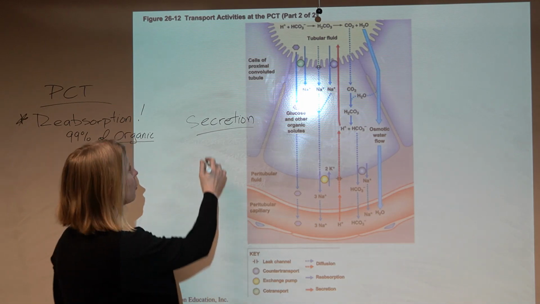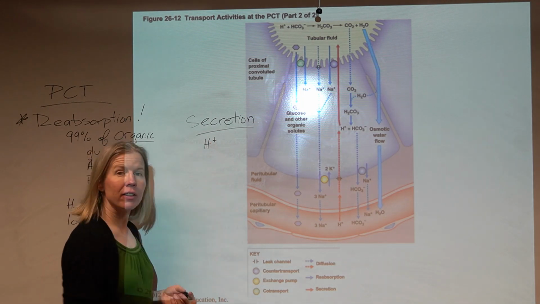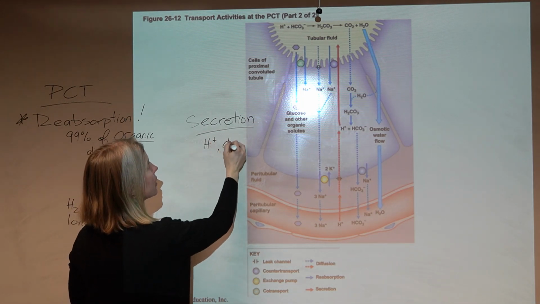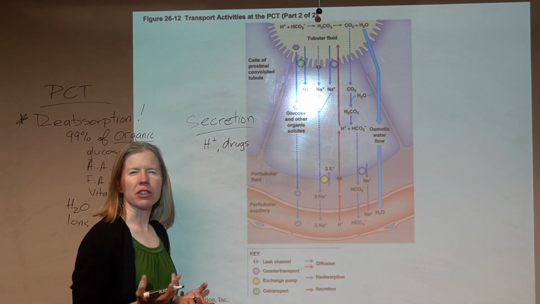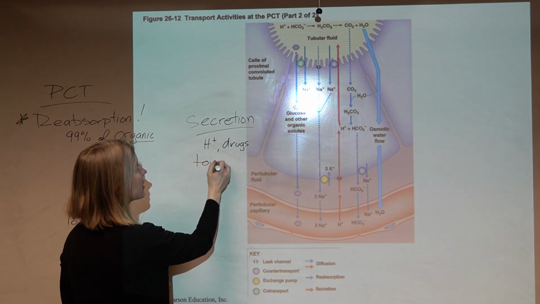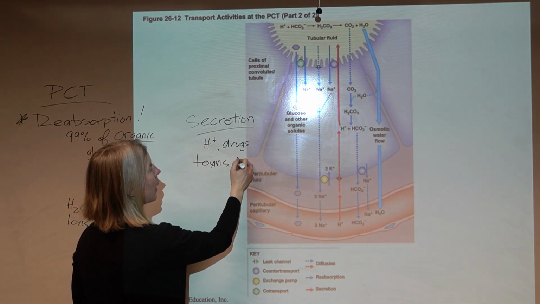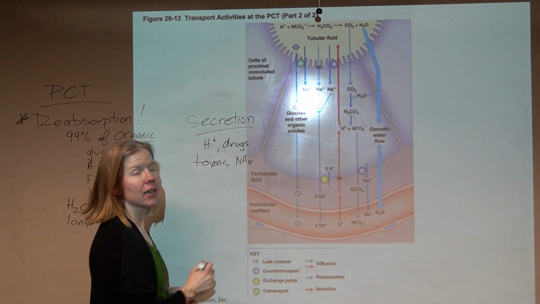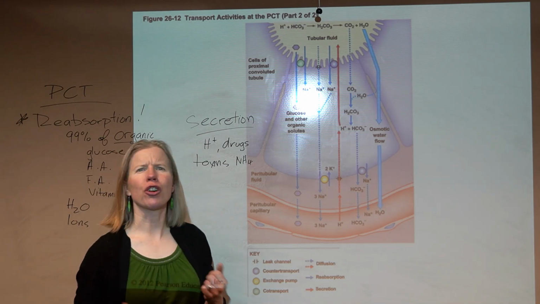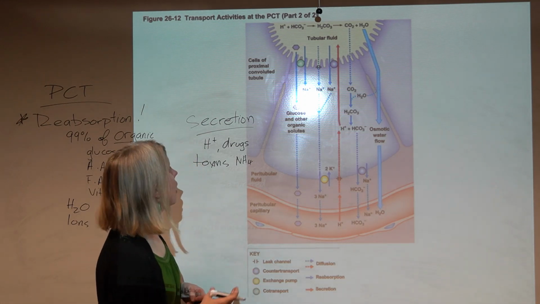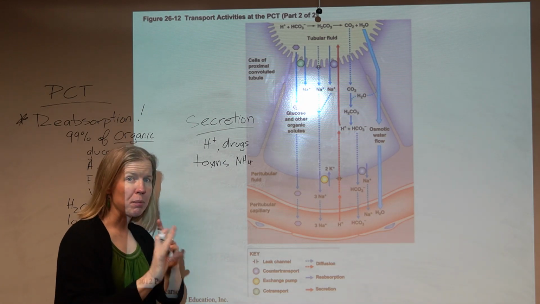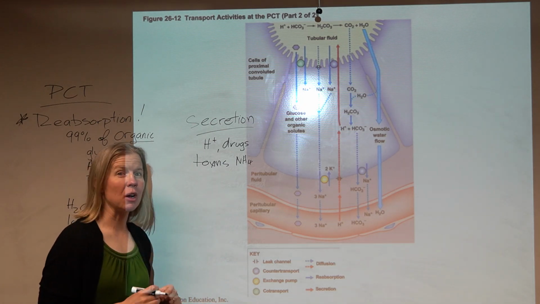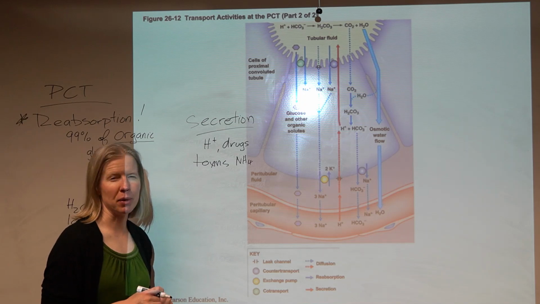So here, for example, we see acids being added. There is some limited secretion of different drugs, some toxins. Things like ammonia can be added in here. I know creatinine, for example, so some different metabolic byproducts. Anyway, the big picture is there is some secretion at the PCT.